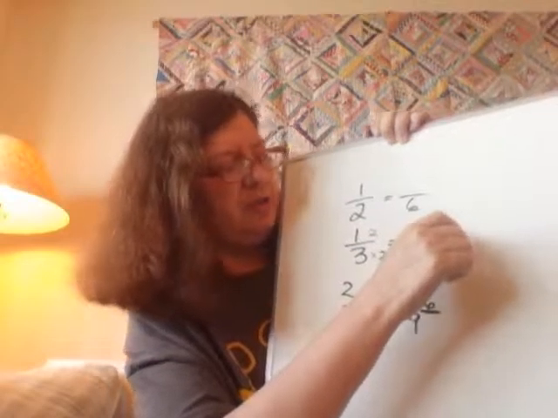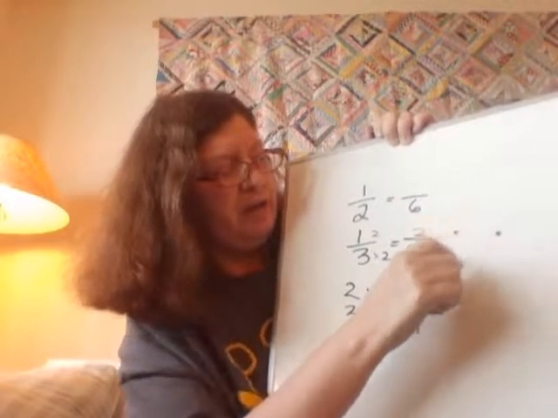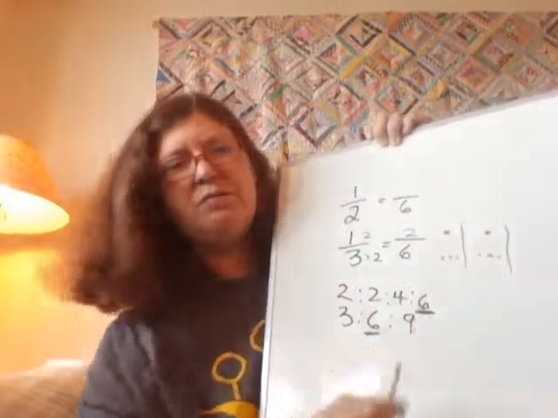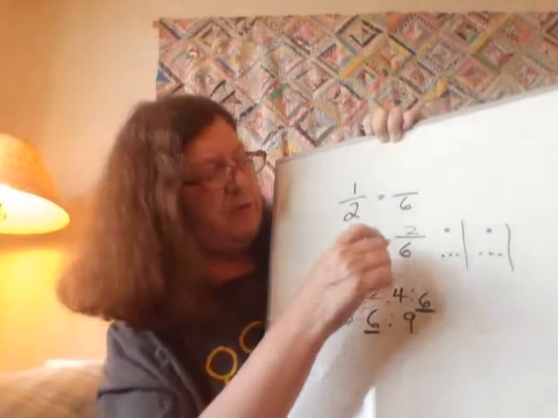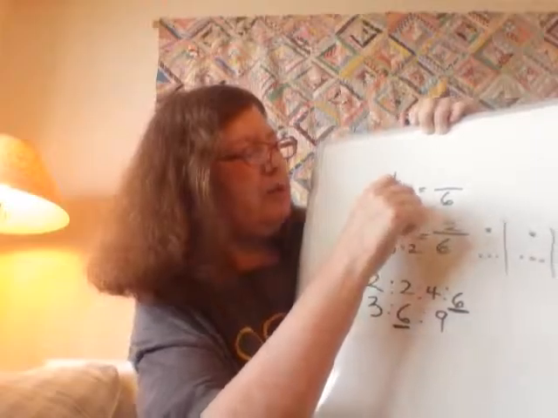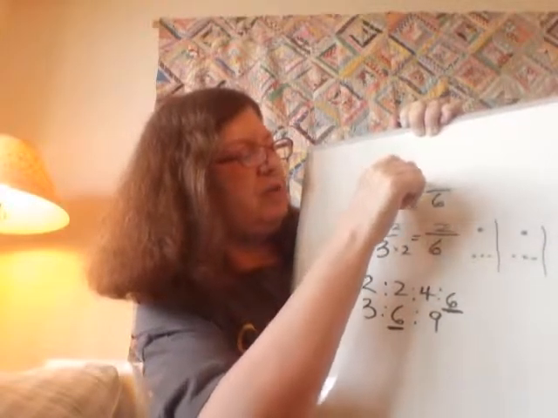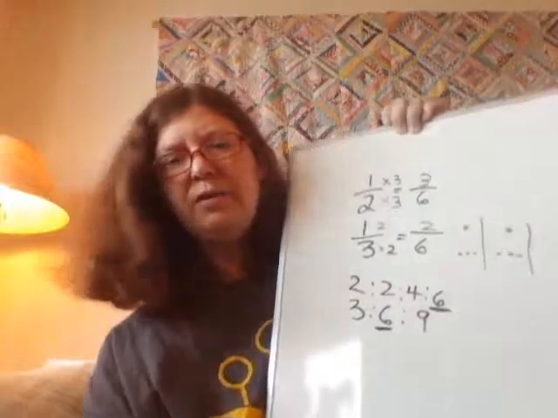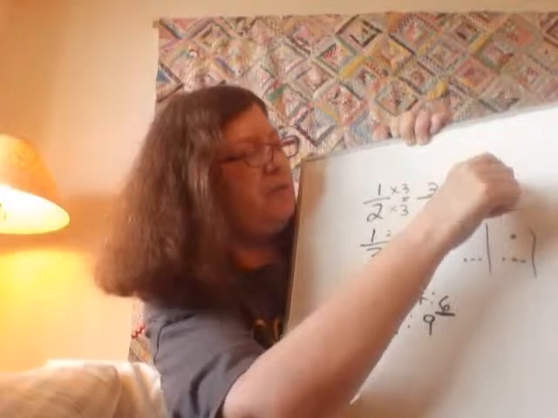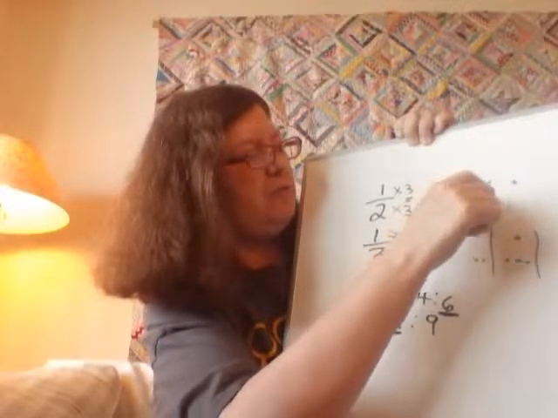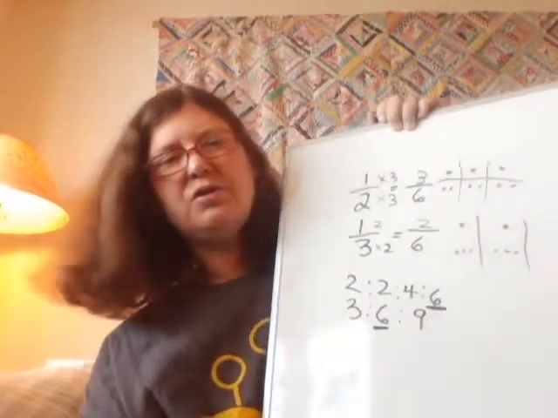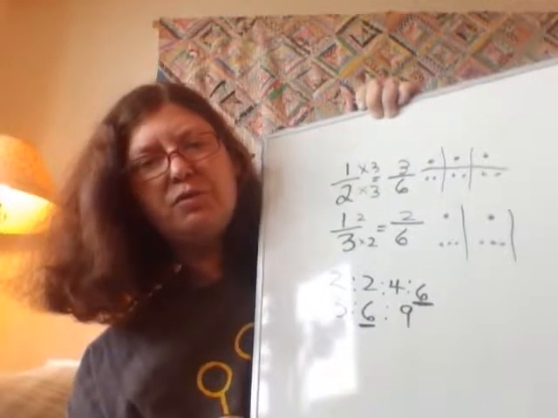It's two sets of 1, and it's two sets of 3, so I keep getting sets of 1/3, as long as I multiply the top and the bottom by the same thing. 2 times 3 is 6. 1 times 3 is 3. And we have the same ratio, 3 out of 6. 1, 2, 3. 1, 2, 3, 4, 5, 6. And we just keep getting sets of 1 over 2.